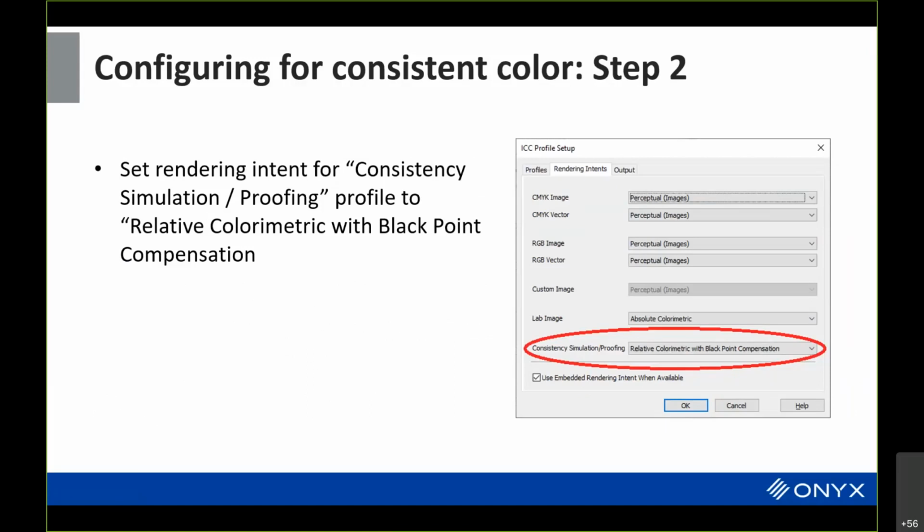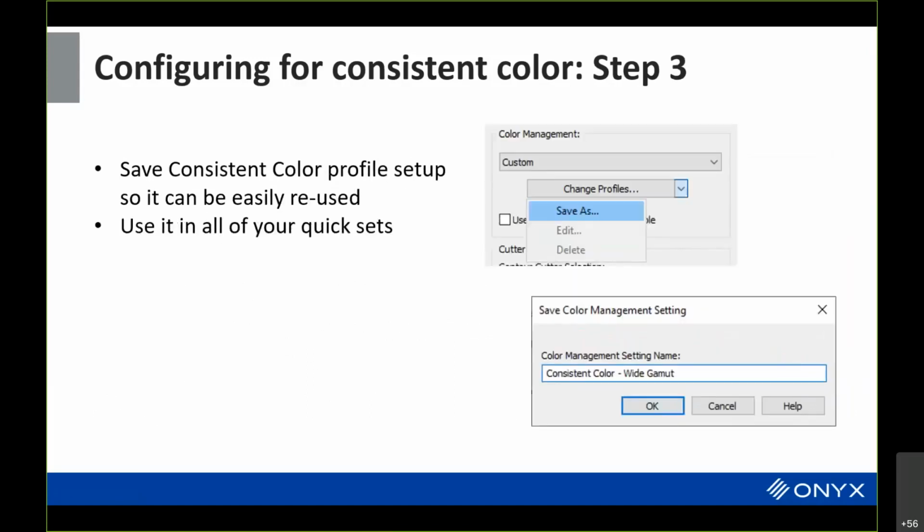Now, once you've set up your profiles, if you click on the little button next to the change profiles, you'll have the ability to save that configuration. So if you set up all your profiles, and how you want to use device links, and all of that fun stuff, then once you're done, you can save that, and that becomes a color management setting that can be easily selected again when you're selecting profiles.